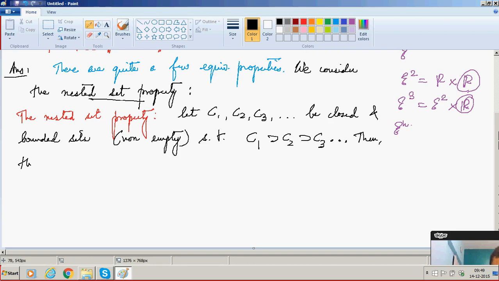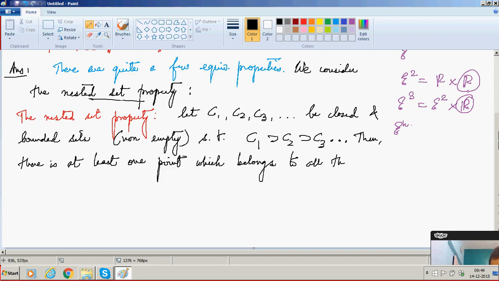Then there is at least one point which belongs to all the sets Cn.